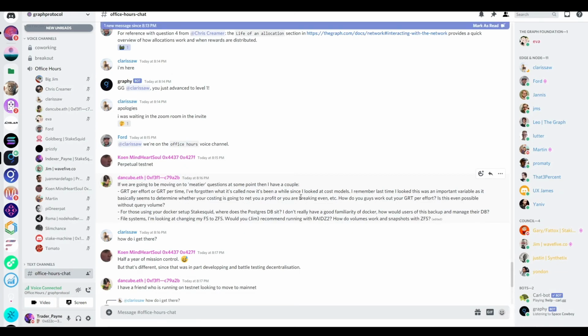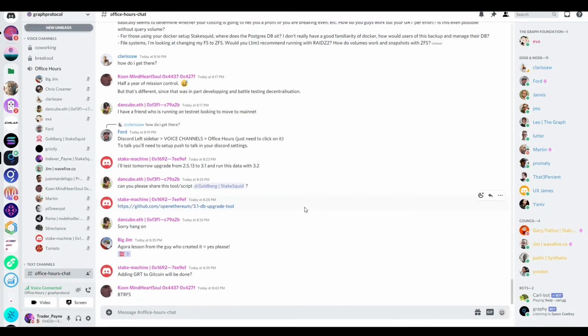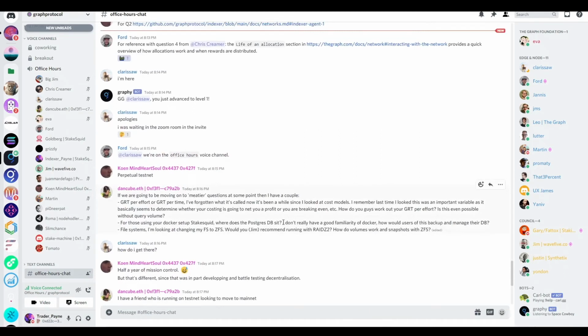So RAID Z2. First of all, what is RAID Z2? RAID Z is basically ZFS RAID. That's what the Z means. It's actually a lot easier to understand than typical RAID numbers. RAID Z2 basically means that if you have, say, 8 physical or, well, it could be virtual devices in a ZFS pool.